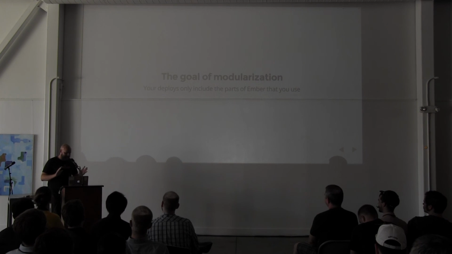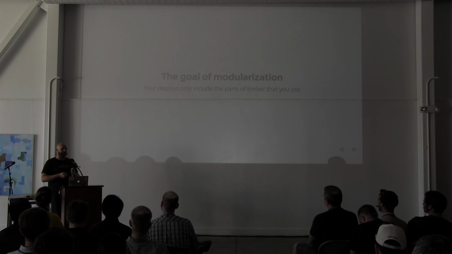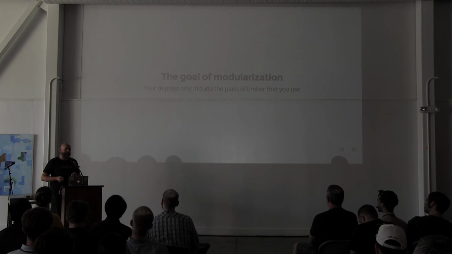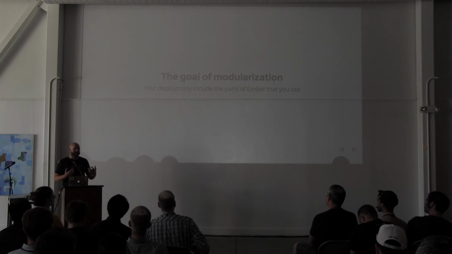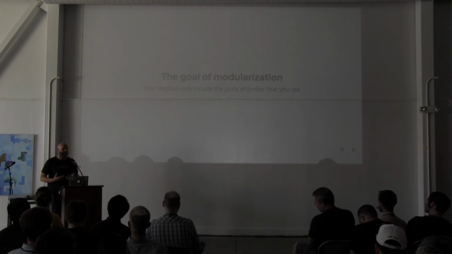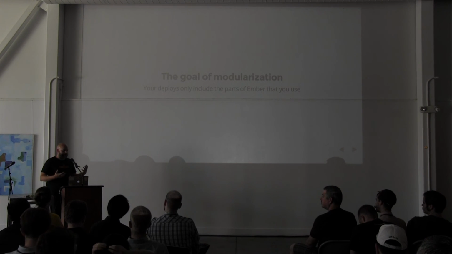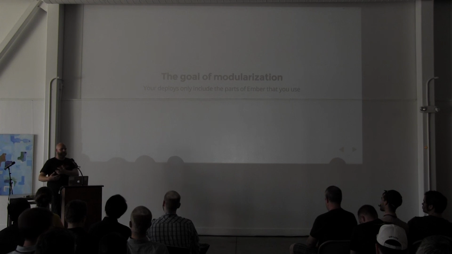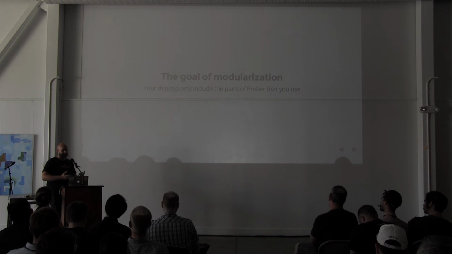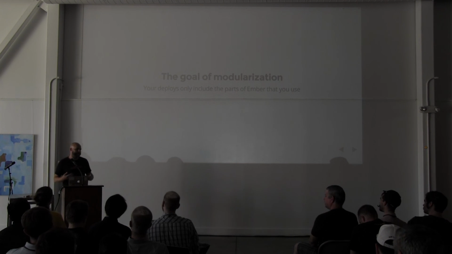I don't have a timeline on this one, but the cool thing is that it has dovetailed really nicely with the work that's been happening on the ES6 module transpiler. And so we've already got example module transpilation that does not include code that is not imported in the built output. And so I don't think we're super far off from this becoming a reality.